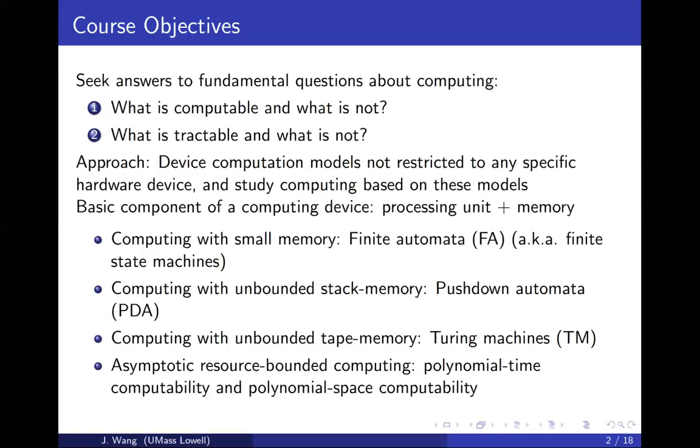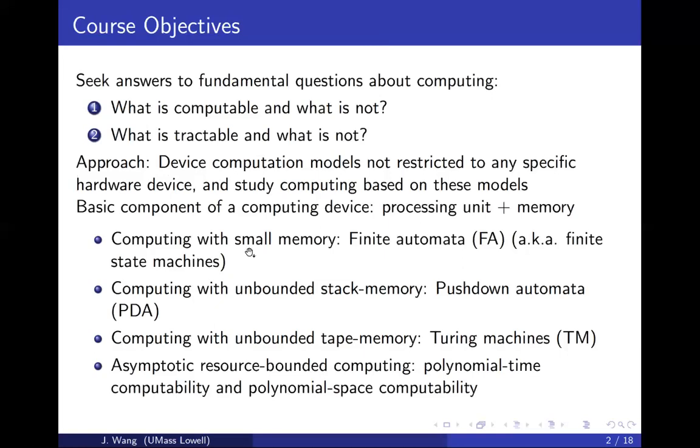Then we can look at several different devices based on the types of the memory we are going to have. So we are going to look at computing with small memory.